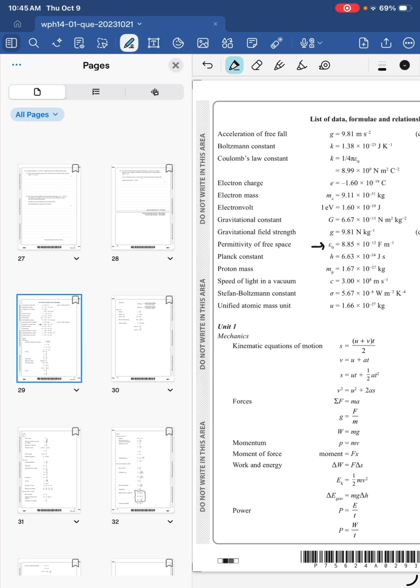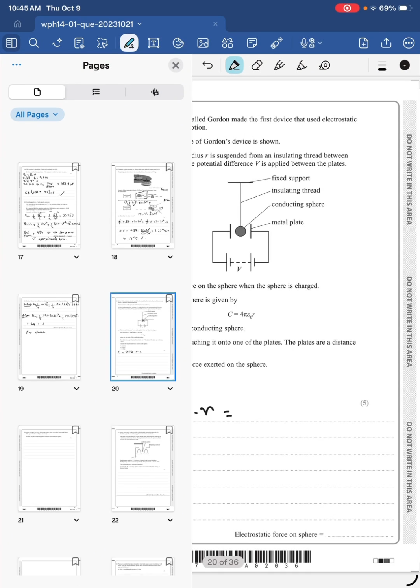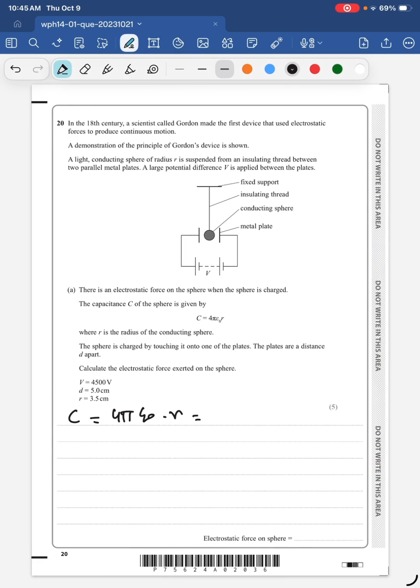And then you multiply by 4 pi, and then for R, we have to convert to meters because R is in centimeters, so 3.5 times 10 to the negative 2 meters is what we have to use. Anyway, if we plug in, we find 3.89 picofarads, okay? And I remind you that picofarads is 10 to the minus 12.